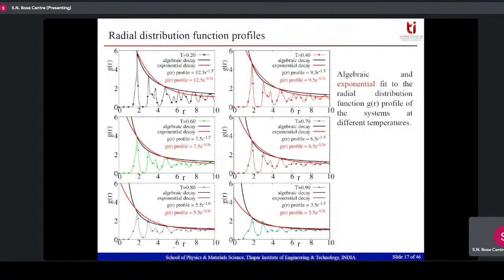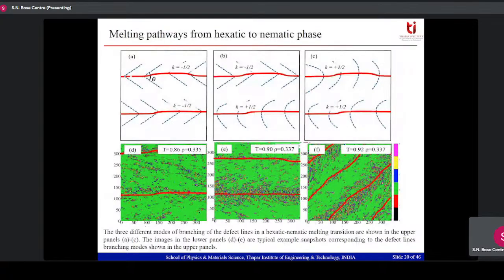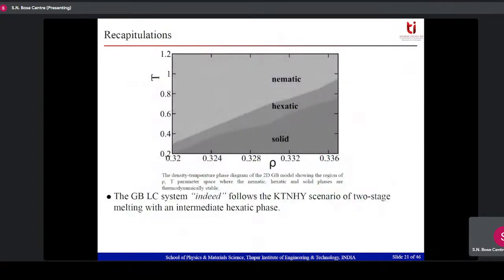Exponential decay, no positional order. Algebraic decay, positional order. And then from these graphs you can identify which one is solid, which one is not solid. And then you can make some table, and I'm skipping this part.